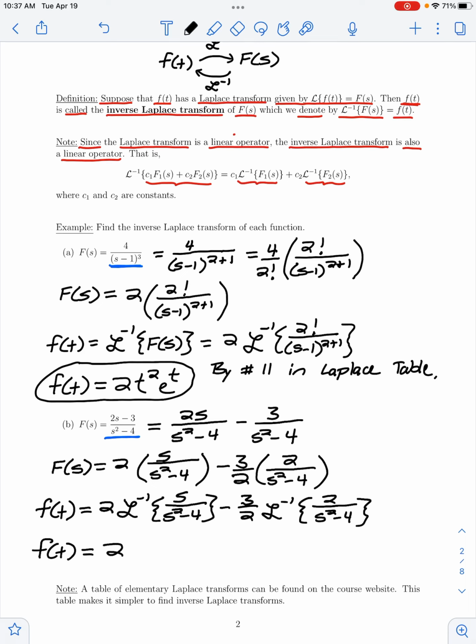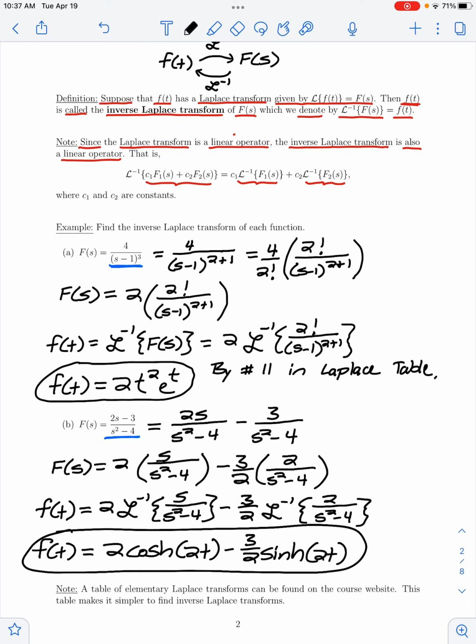So this gives me 2 times the hyperbolic cosine of 2t minus 3 halves times the hyperbolic sine of 2t. And again, for the purposes of your notes, we are using properties number 7 and 8 in the Laplace table.